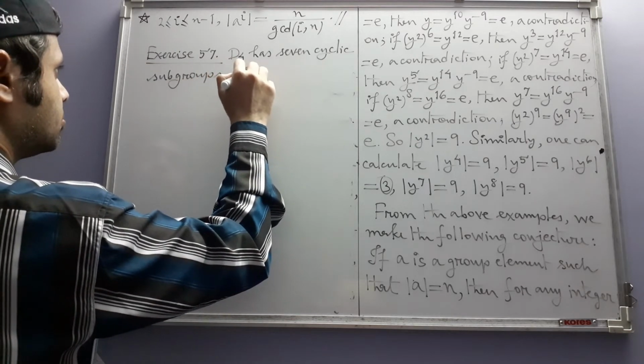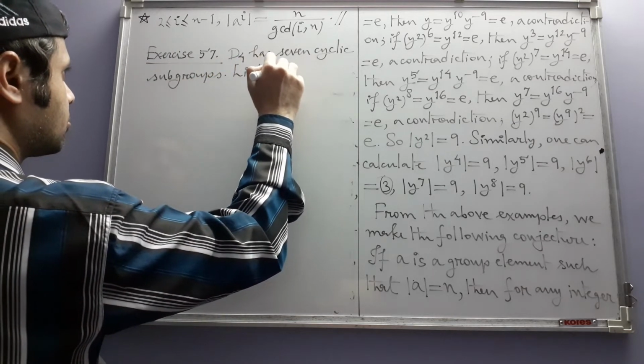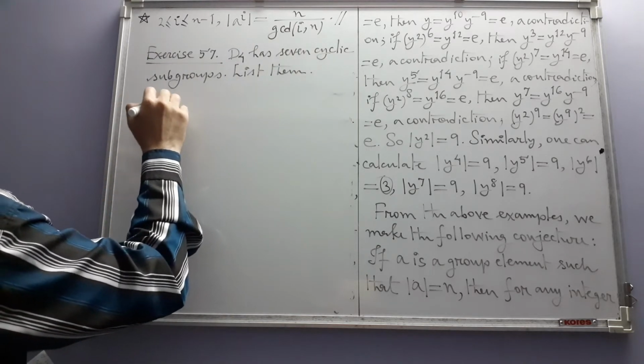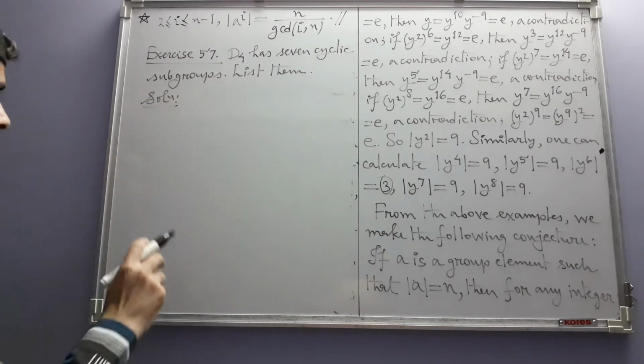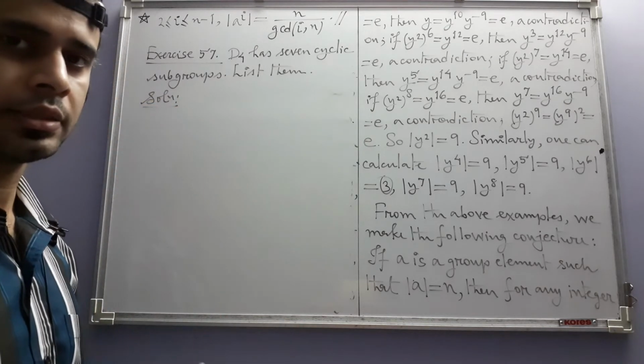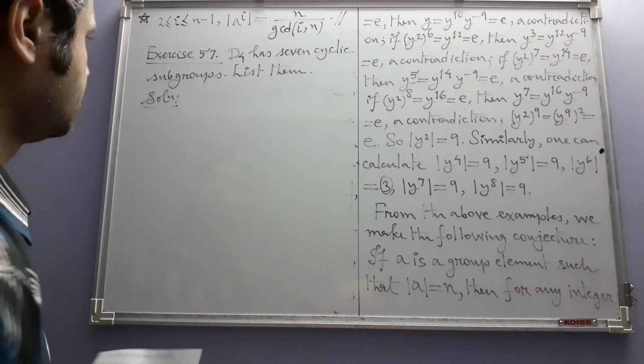List them. So to find the cyclic subgroups, you just have to look at all the elements and the cyclic subgroups they generate.